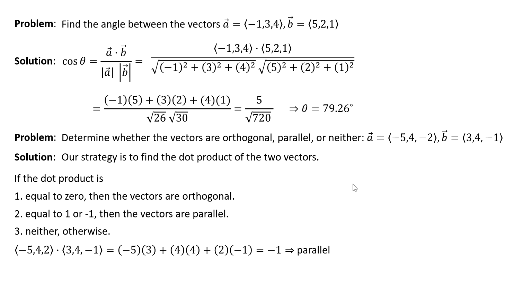In this case, this turns out to be negative 1, but I think I should be careful. If the dot product is equal to the product of the magnitudes of the vectors, the vectors are parallel. Yikes.